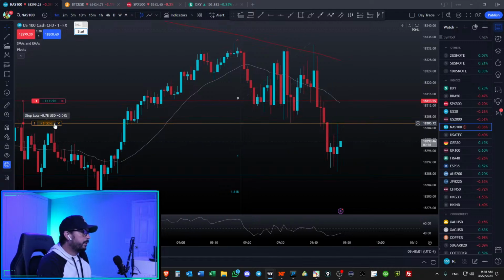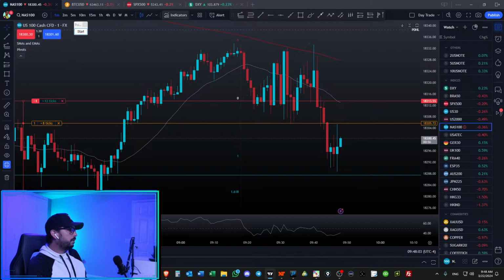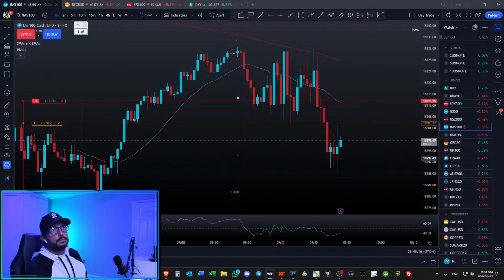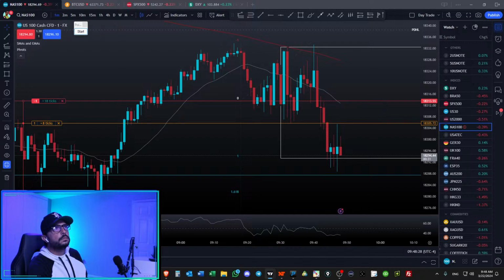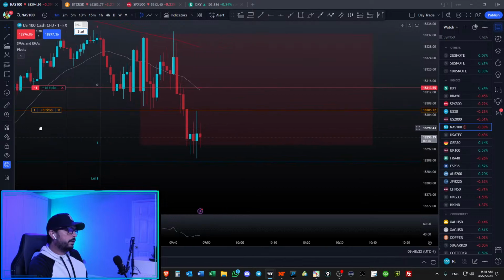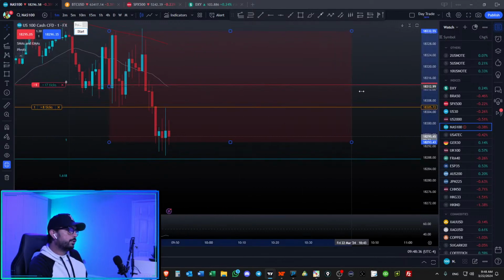Already tested that area, so if it goes back there, we want to get out. Anything testing this area back, it's another short trade.